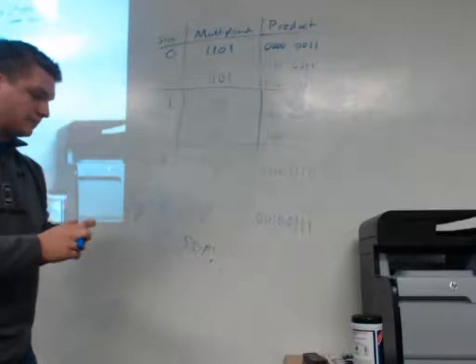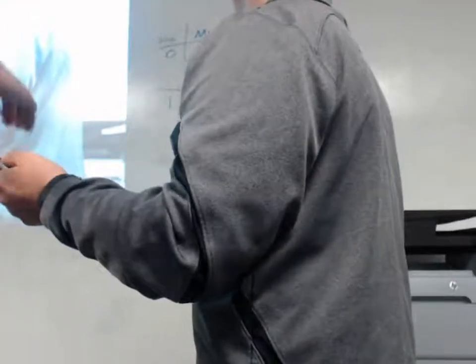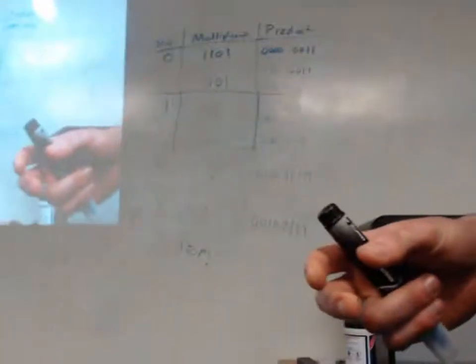Now let's see if we're actually correct. Because what are we multiplying? 3 times 13, which is what, 39? Here, I'll get up and see if we did that right.